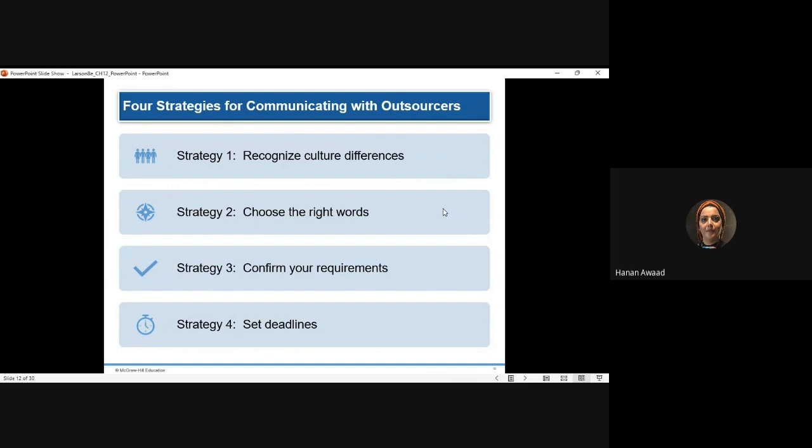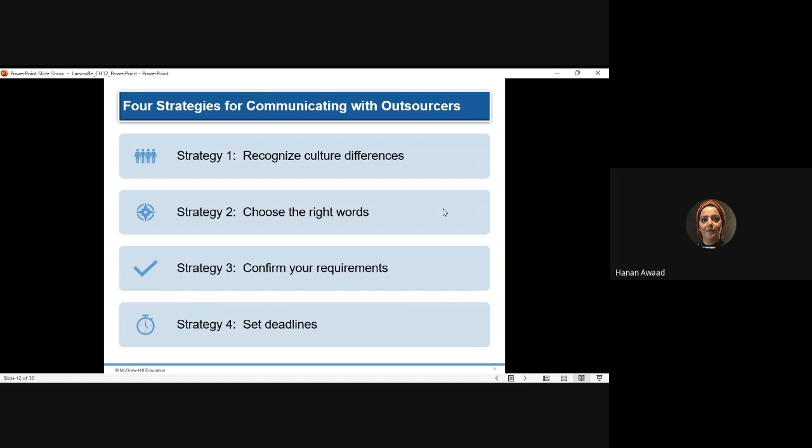Also, part of the communication is related to the words we say. We need to be careful in crafting what we say and what we write, because using the wrong words might lead to misunderstanding, and this will put some turbulence in the relationship.